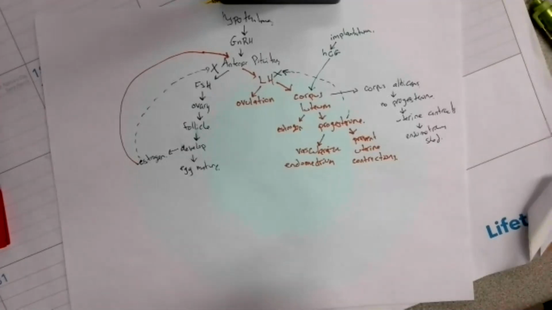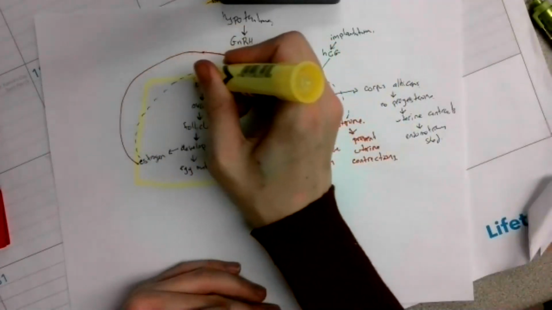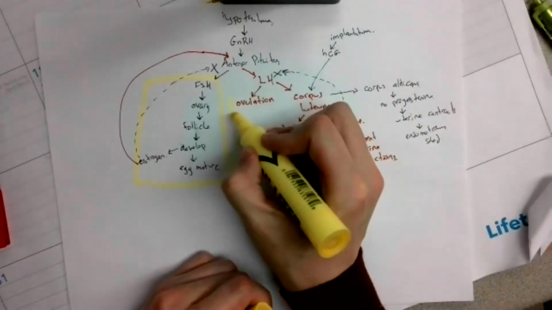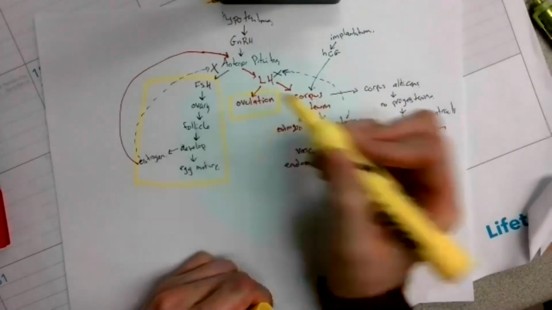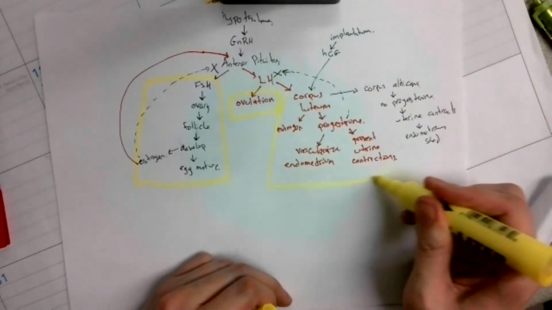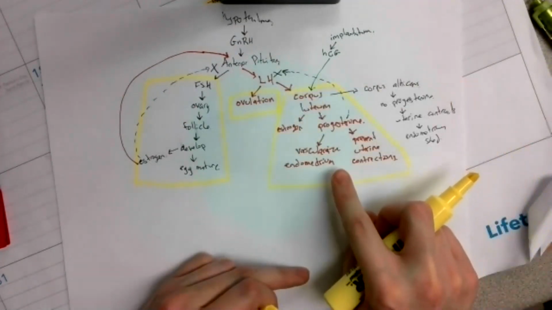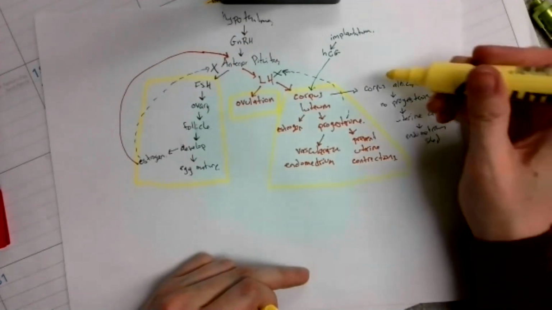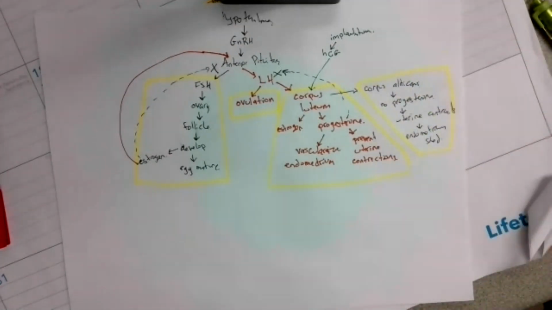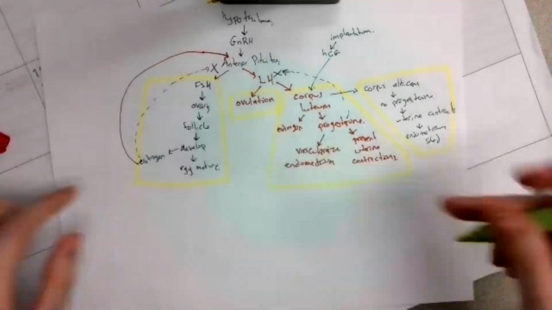So what we have here, this section over here is the flow phase. This is the ovulatory phase. This is the luteal phase. And this last section is the flow phase. So sorry, just to repeat that because I feel like I might have named this one wrong.